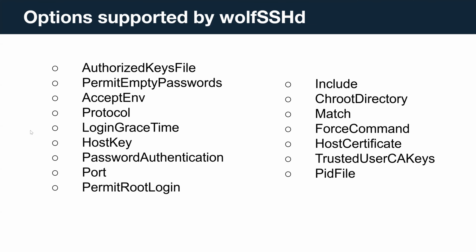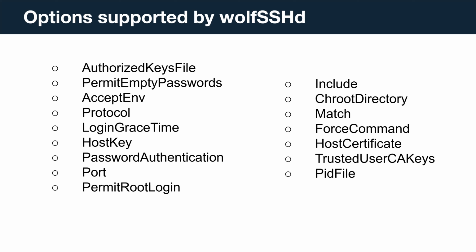Some of the sshd_config options that we're able to parse are like the authorized keys file for setting up which keys are authorized to be able to be connected, permit empty passwords, protocol.